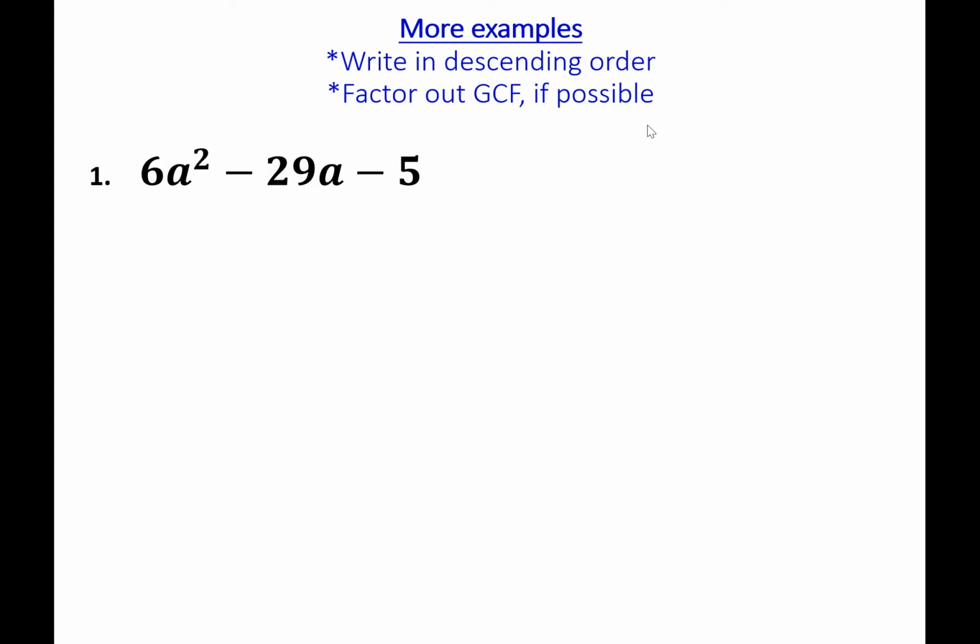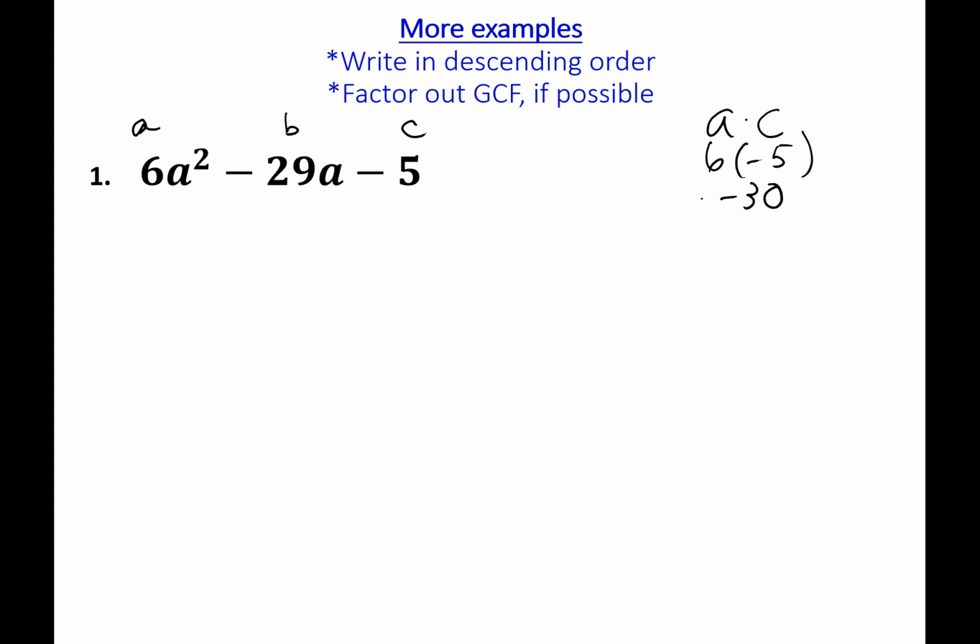So number 1 in this next set, it's already in descending order and there's no GCF. I think these numbers are reasonable enough where we could do the AC method. So let's do that. So A, B, and C. If I do A times C, that's 6 times -5, which is -30.